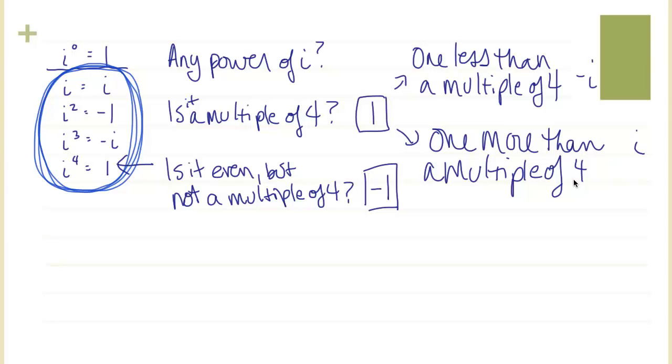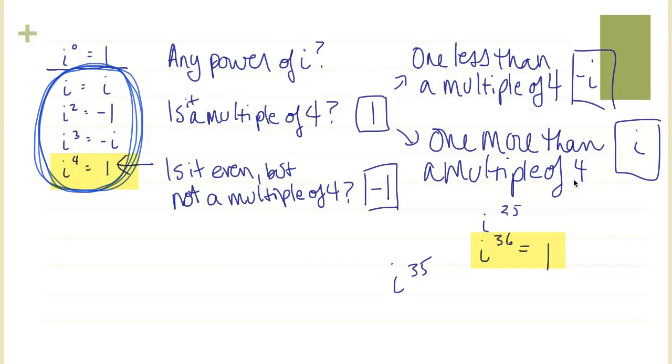So let's test that out. i to the 35th. Okay, it's not even, so I have to think about it a little harder. 35 is 1 less than 36. If i to the 36th is 1, then i to the 35th is -i. It's just above it in that cycle.